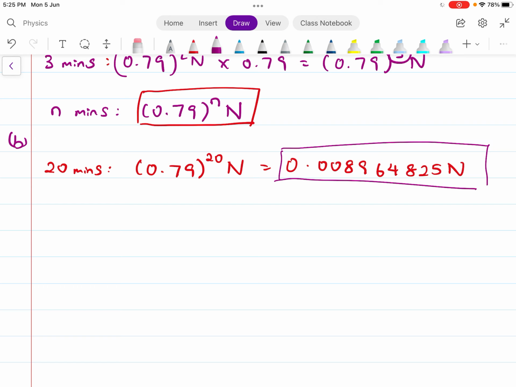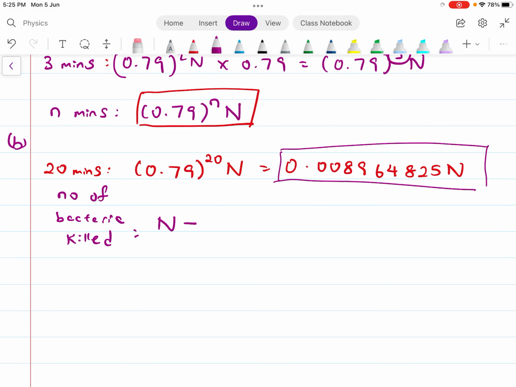So you just need to subtract. The number of bacteria killed is 1N minus 0.008964825N, which equals 0.991035175N.